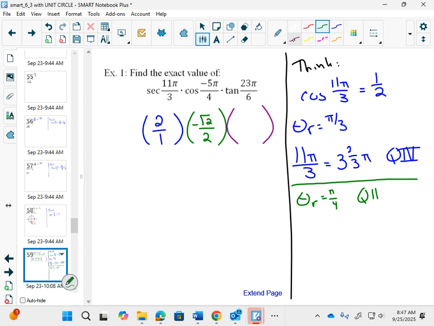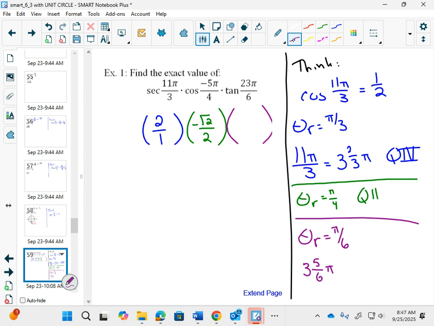And then in purple, it's tangent. I know my reference angle is going to be pi over 6. For the quadrant, 23 pi over 6 is 3 and 5/6 pi.